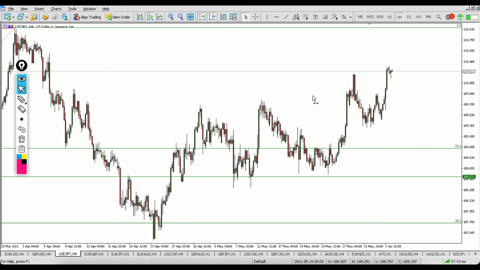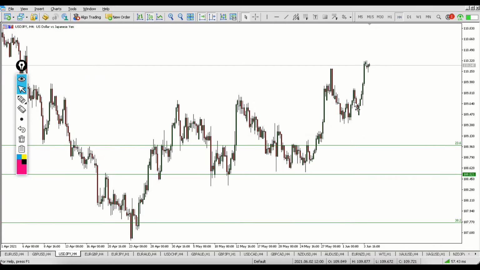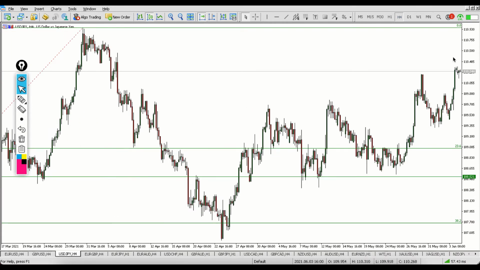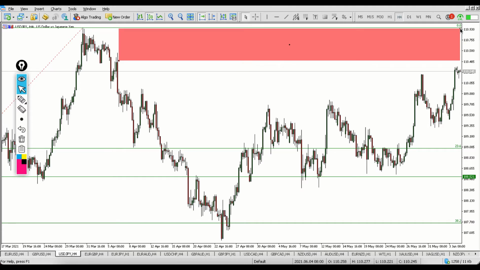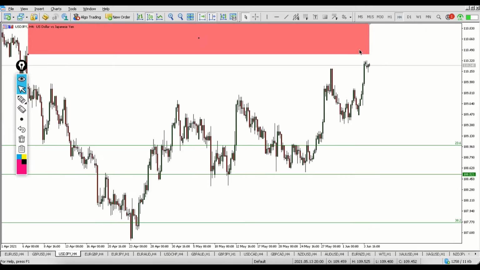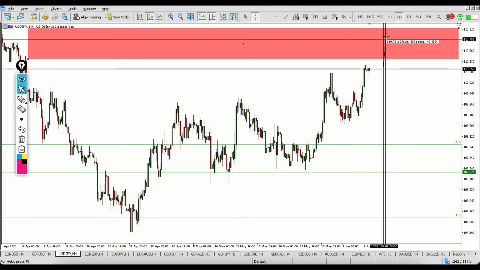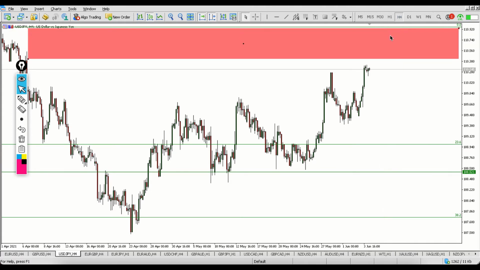So what we expect in the long term is a weak yen, and so that means we should see price reaching this previous high. Okay, if we are looking for a certain level, I would say we should draw a resistance zone instead, because this whole zone right here is our resistance. And so if we look at this situation, we've got about 70 pips to the upside.